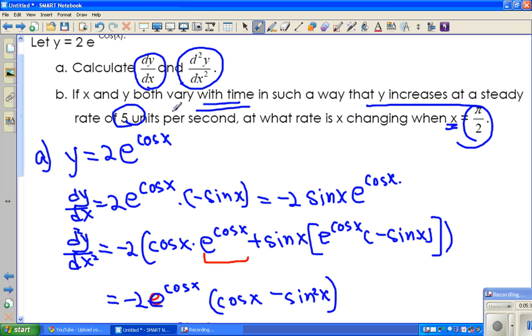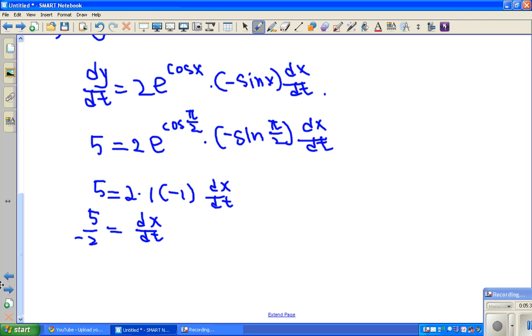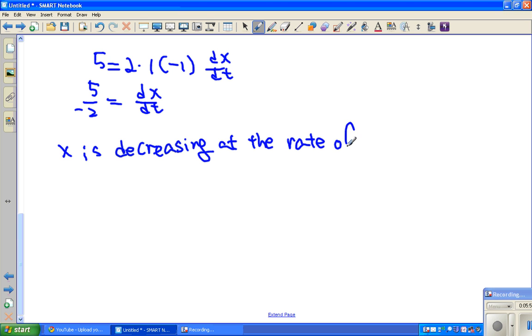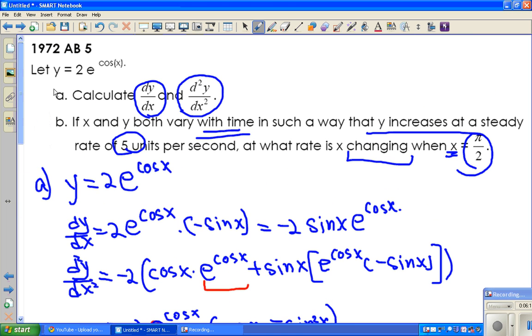And notice that it is the word changing, that means you can write down that our conclusive statement will be: x is decreasing at the rate of 5/2 units per second. All right. So that becomes our solution for the first question.